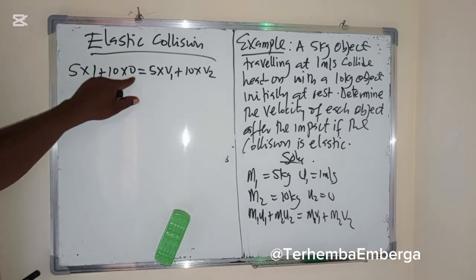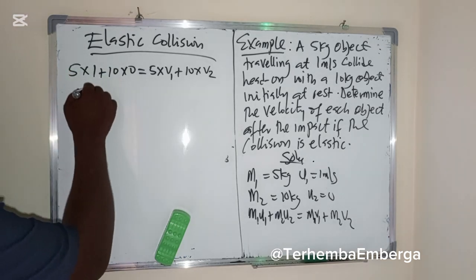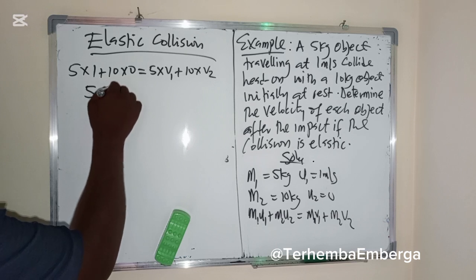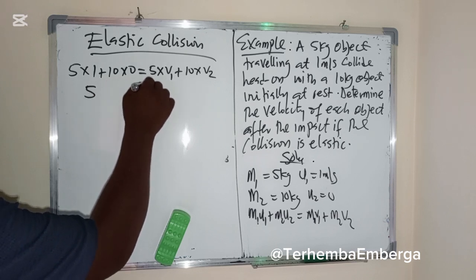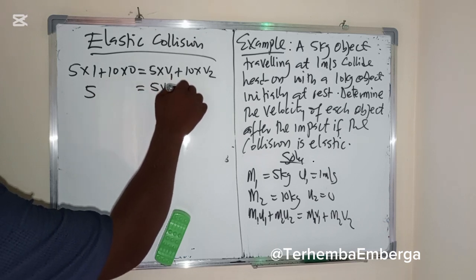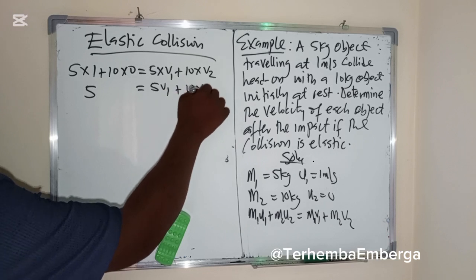Of course, 10 times 0 is 0. So we now have 5 equal to 5V1 plus 10V2.